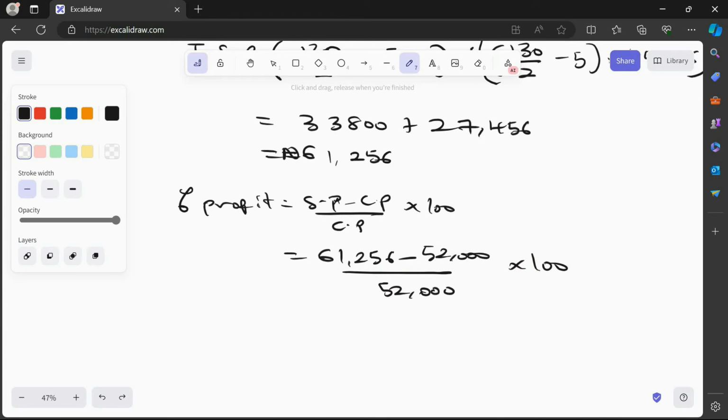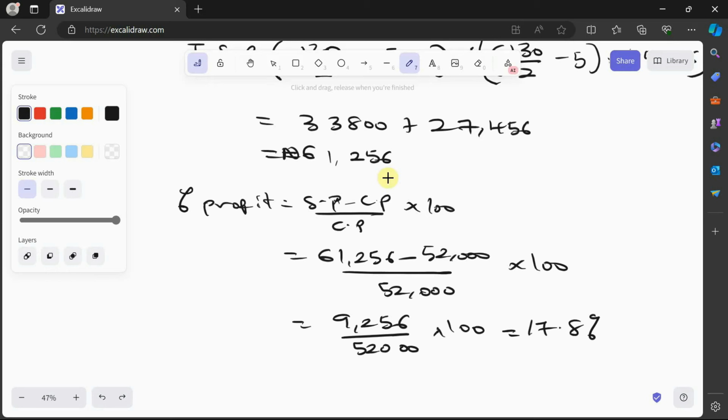If I subtract 52,000, I get 9,256 over 52,000 times 100. So it gave me 17.8%. So the percentage profit after throwing away 5 kg of the bad tomatoes was 17.8%.